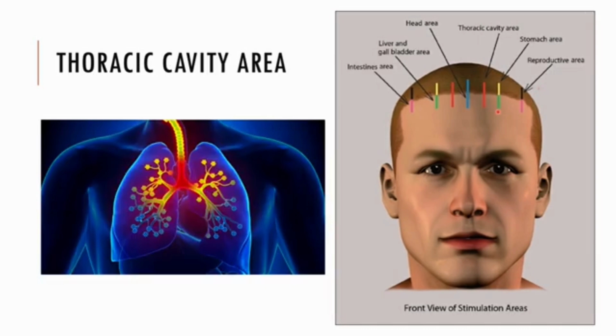Thoracic cavity area is located half the distance between the stomach area and the midline, running from the hairline 2 centimeters superiorly and inferiorly. This area is used for treating asthma and tachycardia.